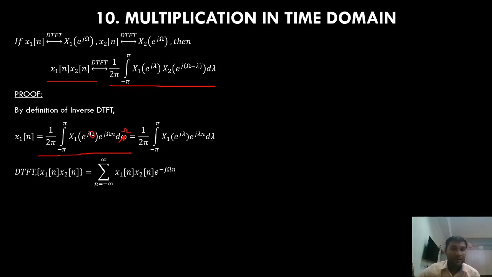Now DTFT of multiplication of two signals is summation minus infinite to infinite, the multiplication of two signals x1 into x2 into e power minus j omega n.